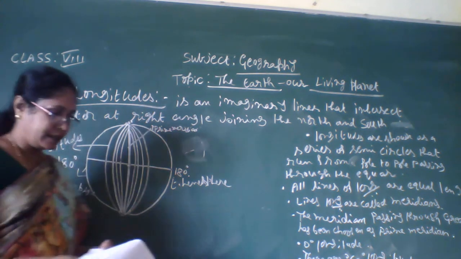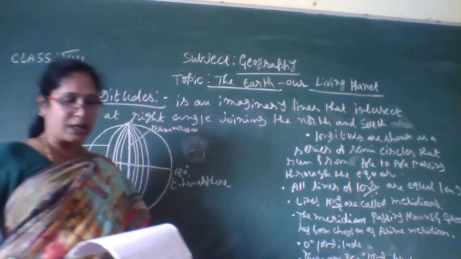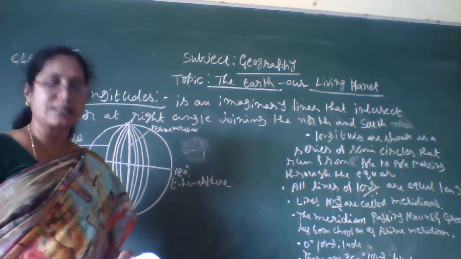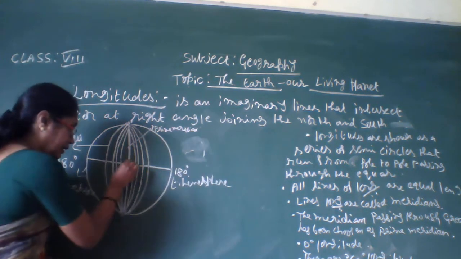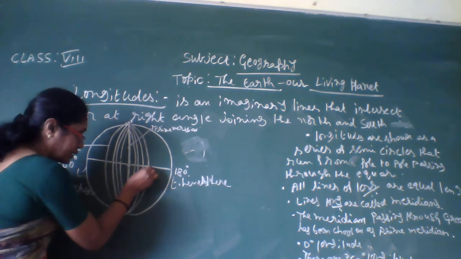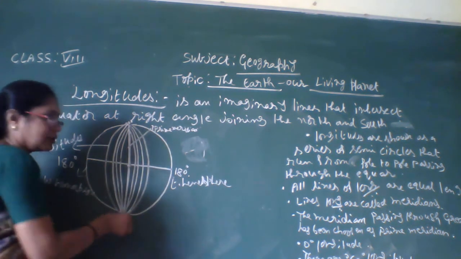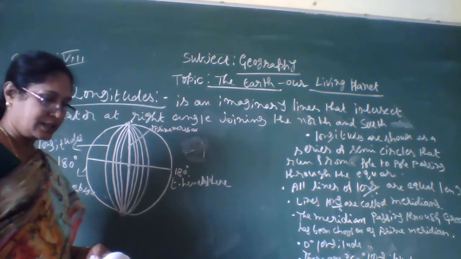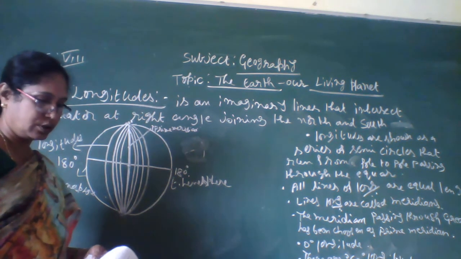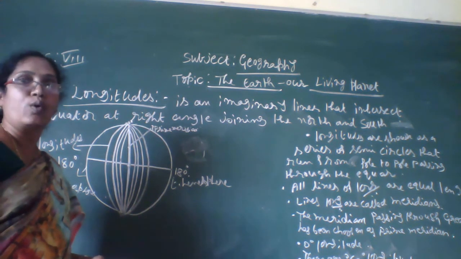Then the distance between two consecutive latitudes decreases gradually with the distance from the equator. Moving on from the equator, the distance gradually decreases. This is because the meridians of longitude converge at the two poles.